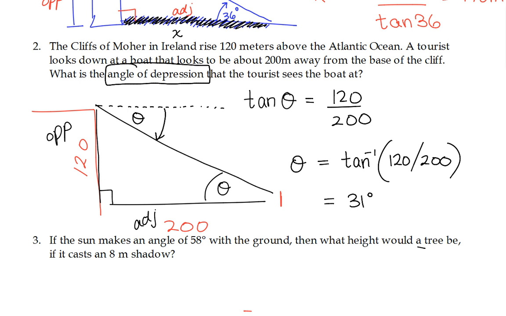When you're feeling depressed, are you feeling down? So that's why it goes down from the horizontal. And if you're feeling elevated, you feel like you're going up from the horizontal. Down from the horizontal, up from the horizontal, those two are equal.